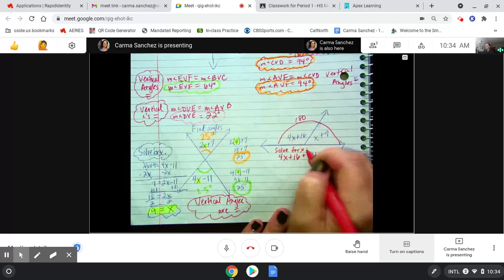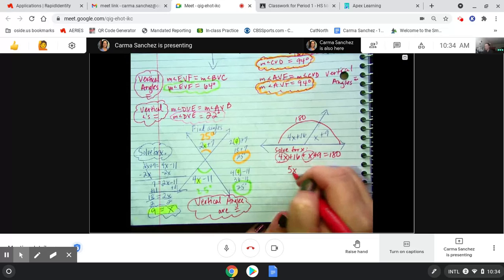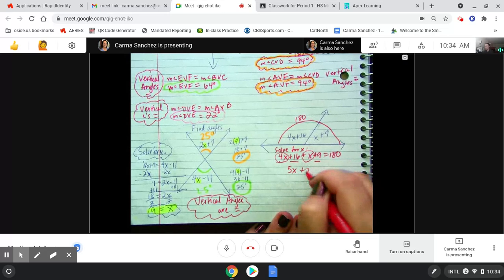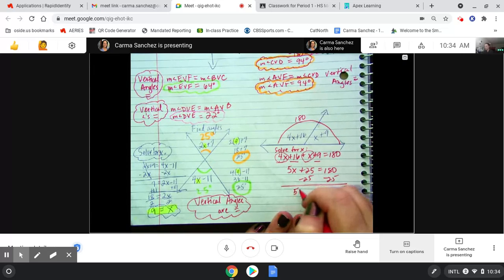I'm doing the work. So 4x plus x is 5x's. 16 plus 9 is 25. We minus 25 from both sides. And then this gives me 155. And I get that x is equal to 31.